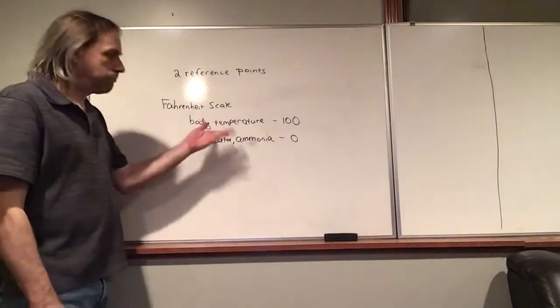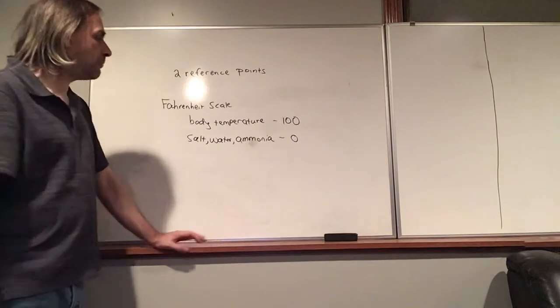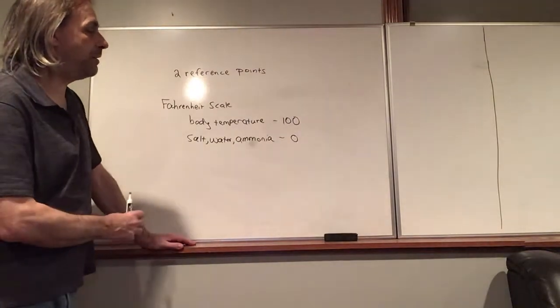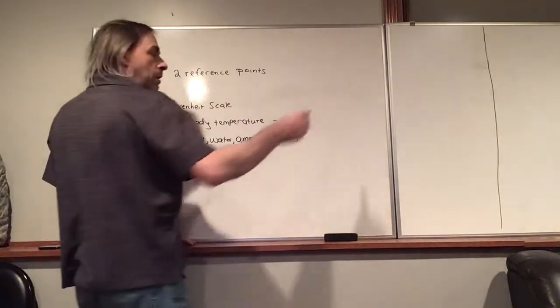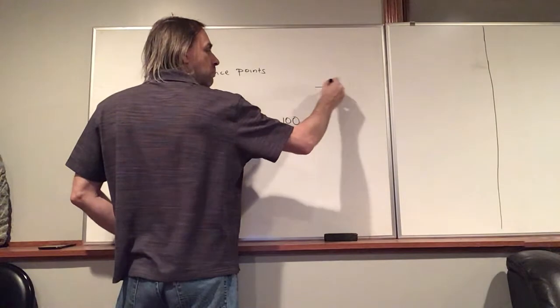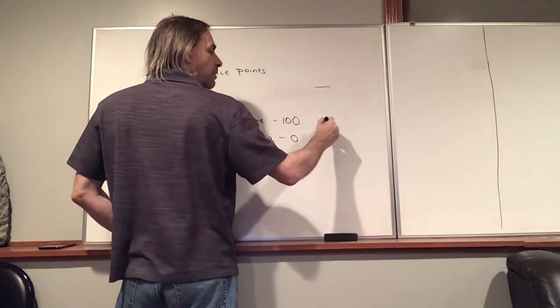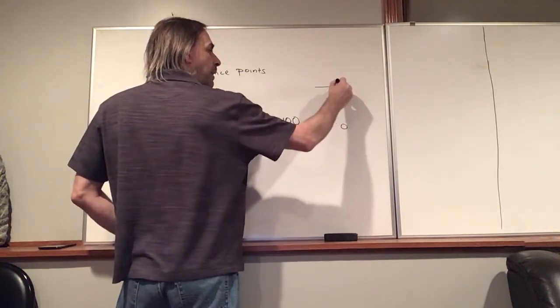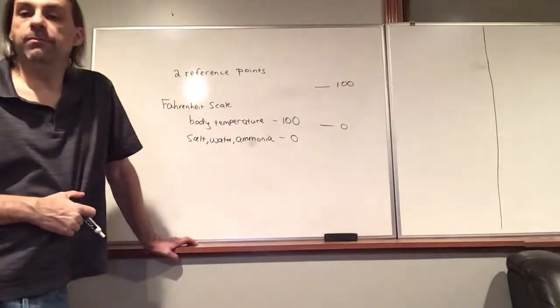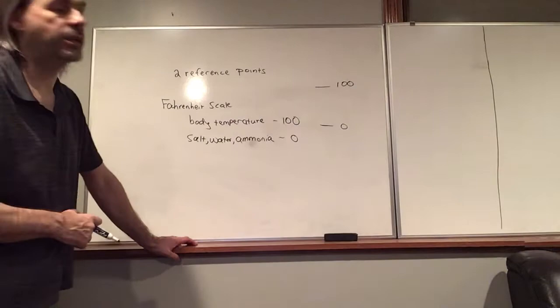But roughly reasonable numbers here. So let's say we have these two reference levels, 0 and 100, and you could build a thermometer based on this temperature scale.